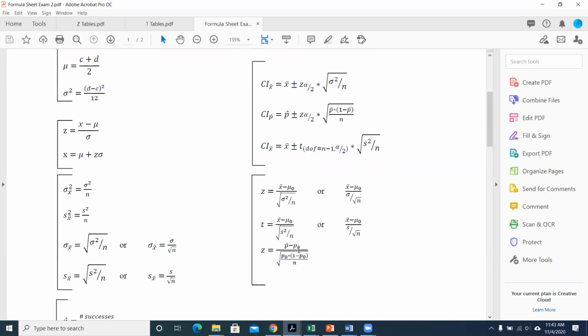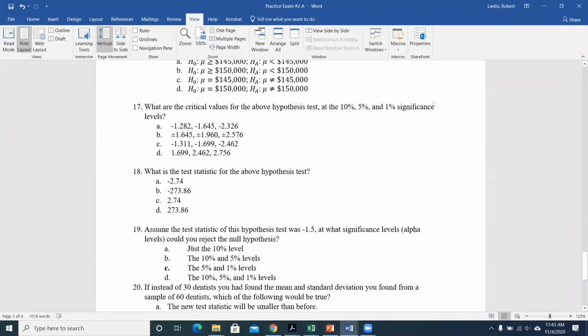This is not your degrees of freedom. This is your sample size. So you would still be plugging 30 in here. Only when you're looking for the area to the left or the right, or thinking about areas in that distribution, do you use the degrees of freedom. In the actual equations for confidence intervals and for your test statistic, you still plug in the sample size, okay? So we plug all our values in here, and we'll end up getting negative 2.74.